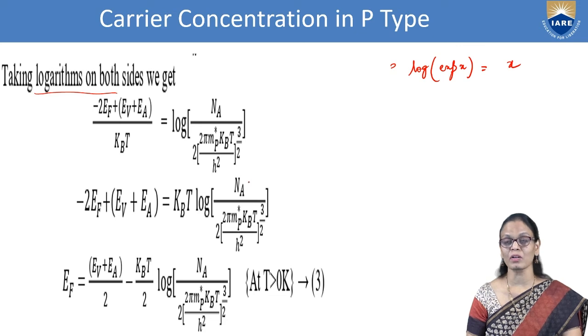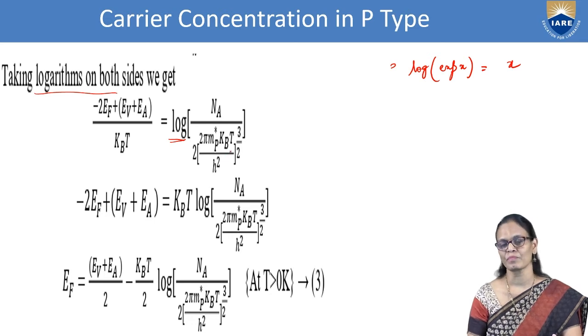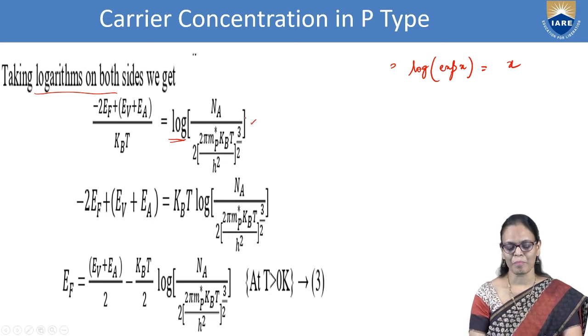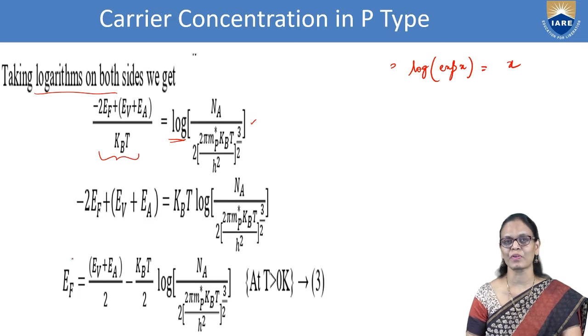So when we take log on both sides, the right hand side term we write as it is with a log, but on the left hand side we use the formula that logarithm of exponential x gives x. This is our x after simplifying: (minus 2Ef plus Ev plus Ea) by kBT. This is equal to log of Na by 2 into (2 pi mp kBT by h square) power 3 by 2. Now we want to find Ef.